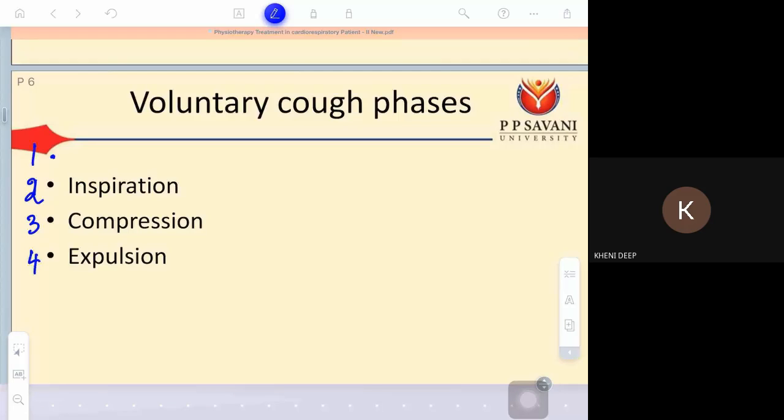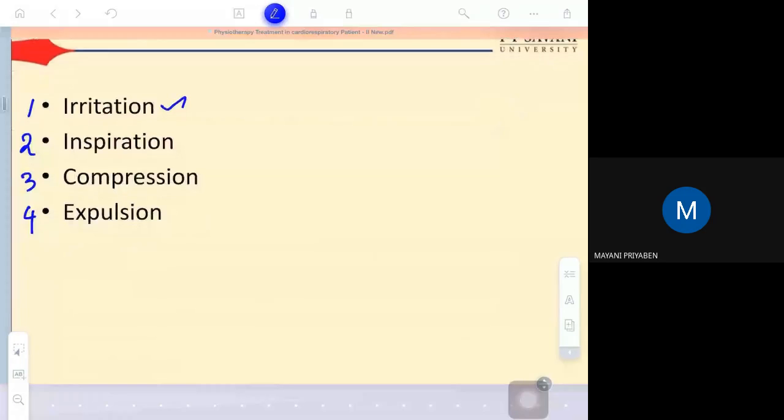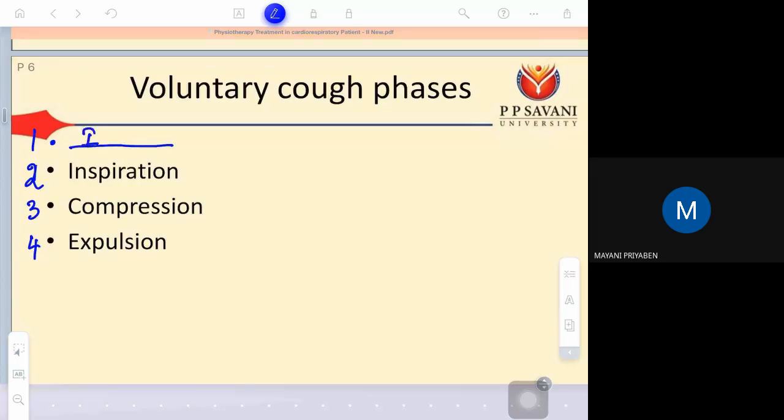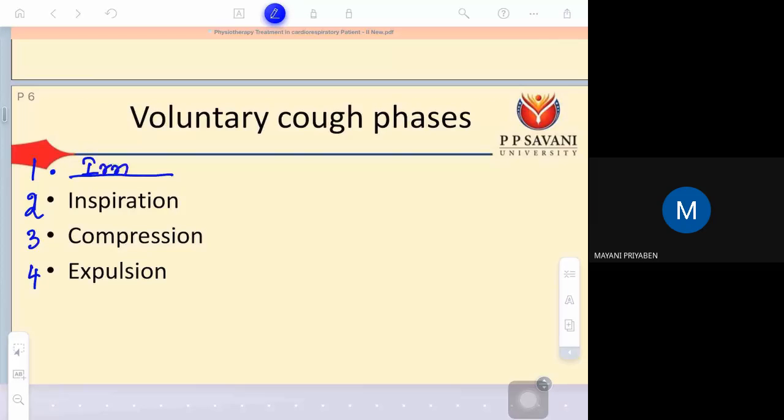So what is missing here? Irritation. Irritation is missing. So this is the major difference between voluntary cough and reflex cough.